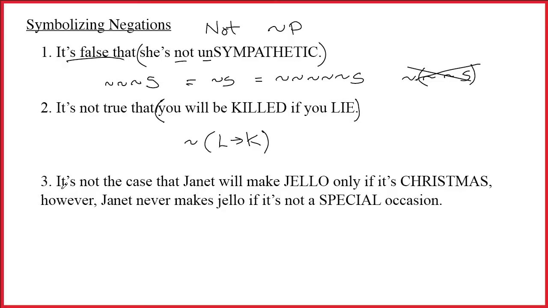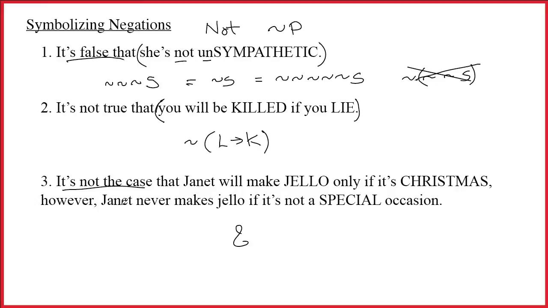Sentence number 3 also starts with it's not the case that. In fact, sentences 1, 2, and 3, their main purpose is to make a point about these phrases. And so when you go to symbolize this sentence, let's see what we've got. That it's not the case that Janet will make Jell-O only if it's Christmas. However, Janet never makes Jell-O if it's not a special occasion. However is actually the main connective for the whole thing.